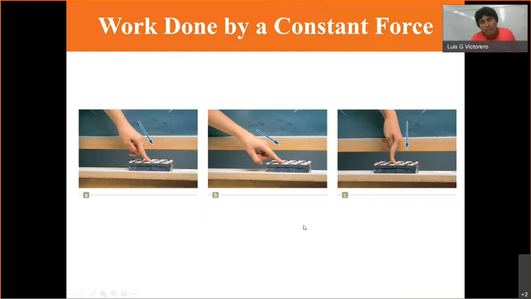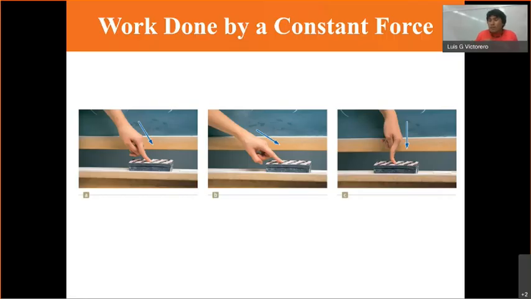As you can see on A and B, the force is directed downwards, but there is also a component of the force that will be horizontal. So if the horizontal component can overcome the force of friction, then yes, you can have an object moving and that will produce a work.